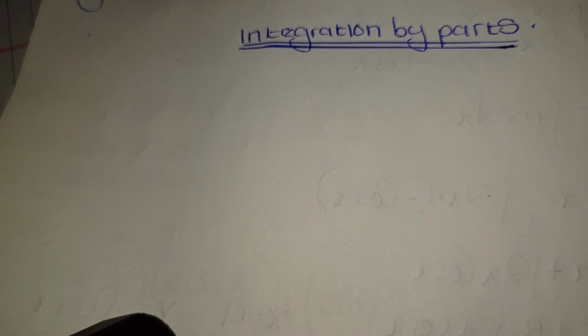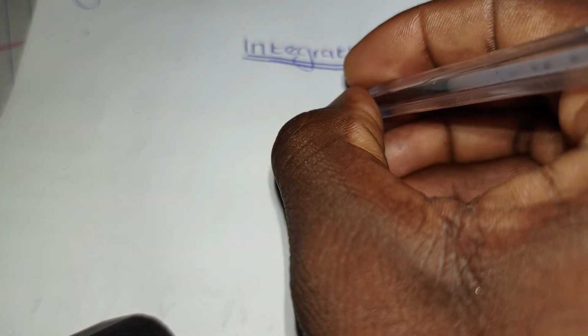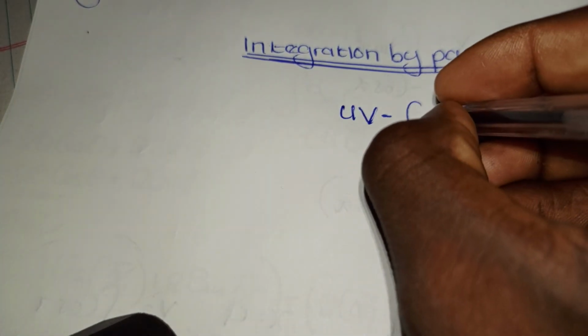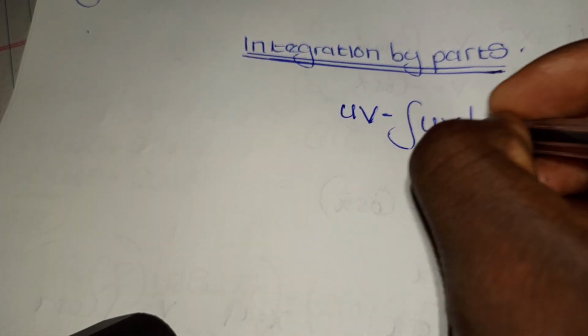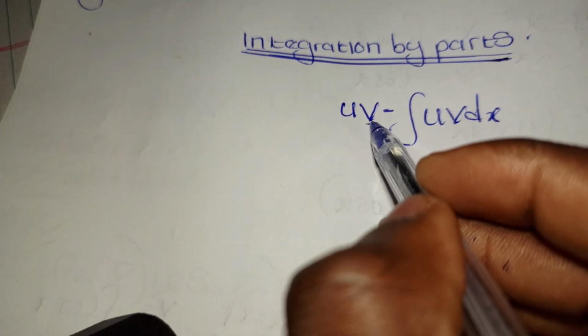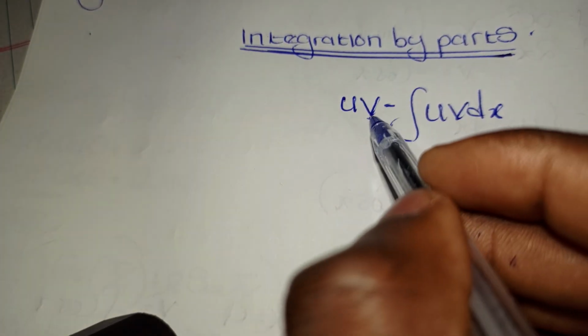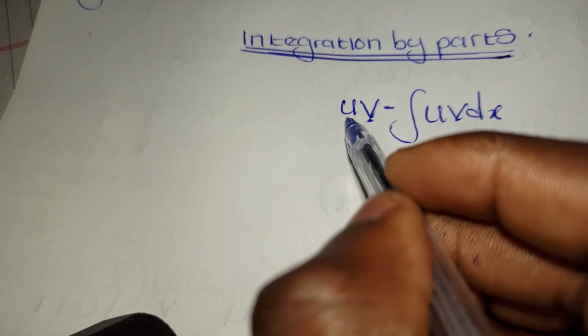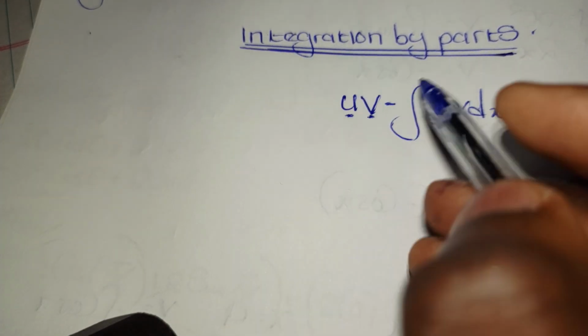When we are dealing with integration by parts, we use the formula uv minus the integral of v du, where this v is the integral v, while this u is the normal u.